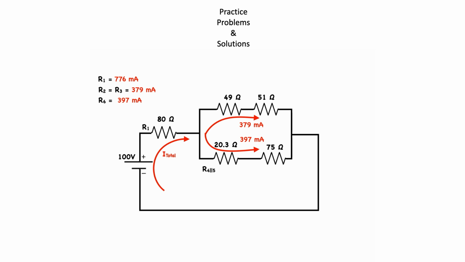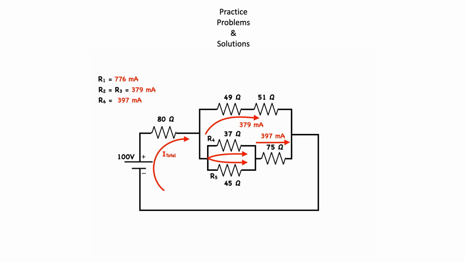In order to find the current flowing through the remaining resistors, R4 and R5, we have to remember that they are in parallel and will look like this. The 397 milliamps will flow through the parallel combination, but split like this in proportions that are determined by the value of the parallel resistors.